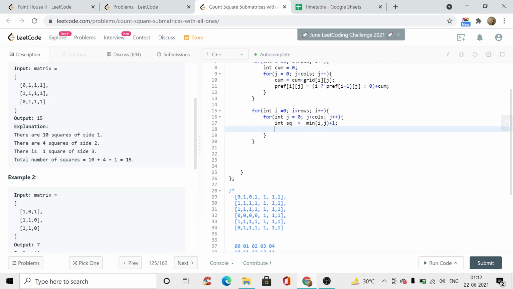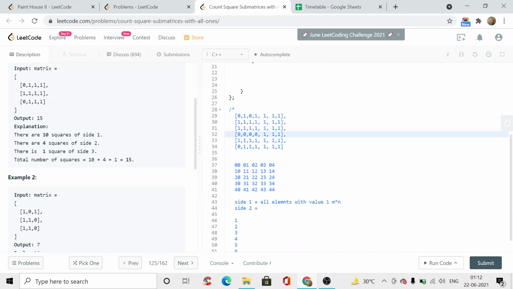It's just like if I'm over 3 comma 2, or let's take another, like I am at 4 comma 2, the minimum is 2, so 2 plus 1 is 3, so it can form just a square that is 3 by 3 and cannot form anything bigger than that.